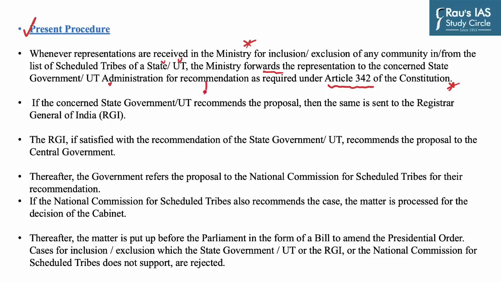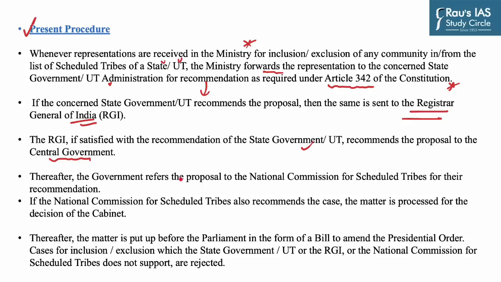If the concerned state government or UT recommends the proposal, then the same is sent to the Registrar General of India. Now, if the Registrar General of India is satisfied with the recommendation of the state government or UT, it recommends the proposal to the central government.